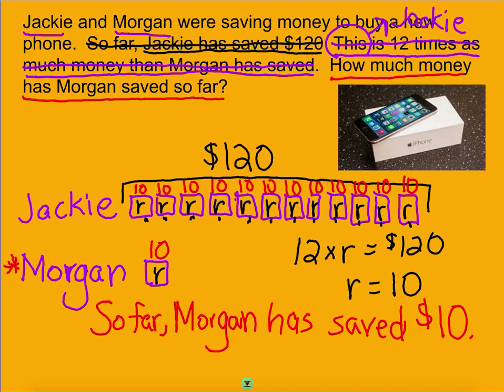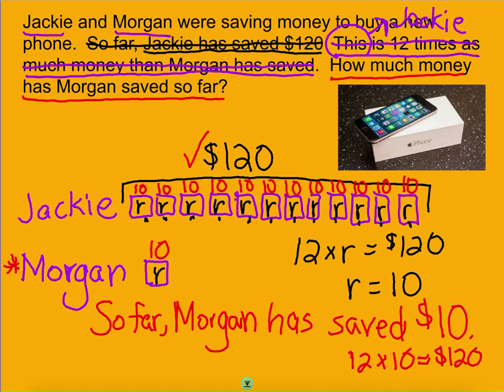So let's just go back to the problem here. It says Jackie has saved $120. Yep, Jackie has saved $120. Jackie's number is 12 times as many as Morgan's. Yes, because, right, this is my checking. 12 times 10 equals 120.